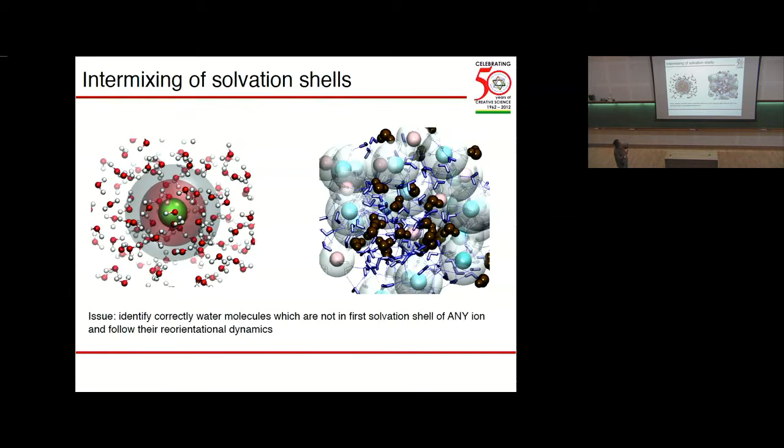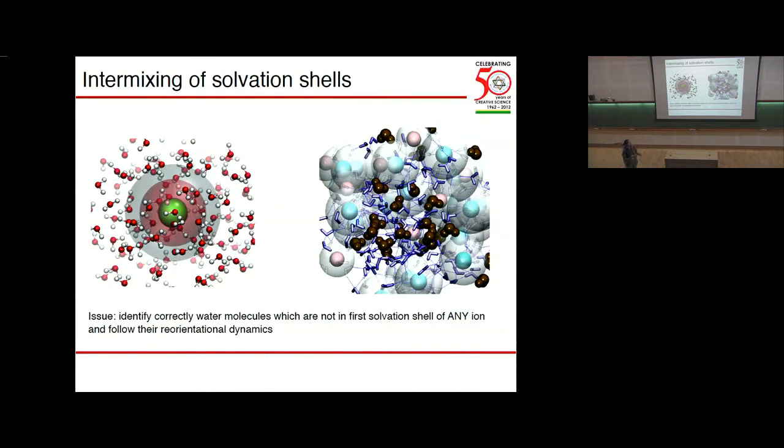Now I feel it makes no sense if I have multiple ions, which is normally the case even at 0.15 molar concentration, which is a typical biological concentration, or at 1 molar or 2. The concept of spherical shells breaks down because now I have intermixing of shells. I can have an ion with its first and second shells, and a nearby ion whose second solvation shell is mixed with the first solvation shell of another ion.